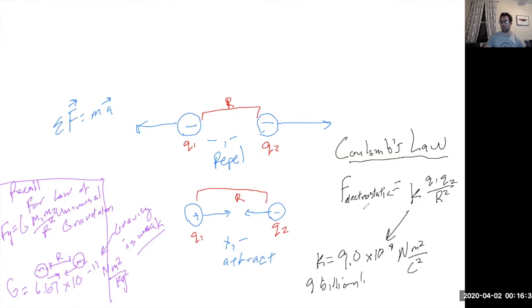It's like saying, okay, well, for the same distance away and the same stuff in the numerator, you'd get a force that's not a billion times stronger. It's not a trillion times stronger. It's not a quadrillion or a quintillion times stronger. It's like 100 quintillion times stronger. It's a ridiculous difference in strength between these two forces.